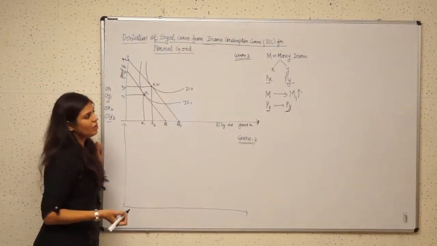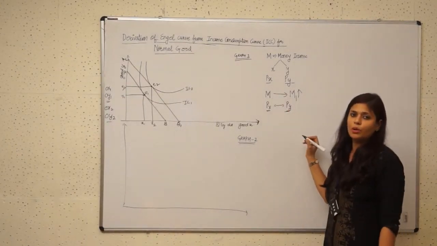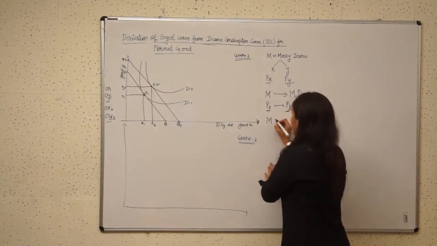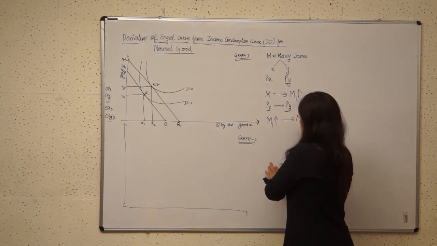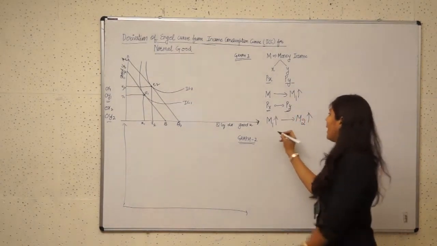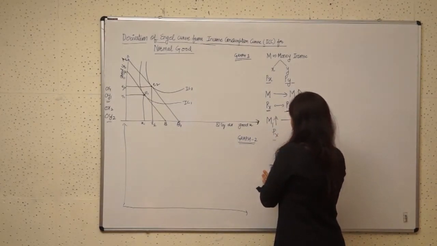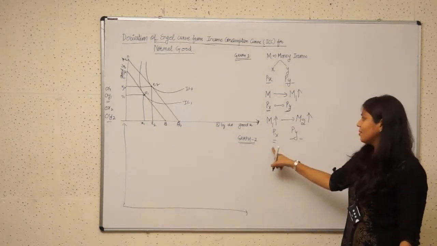Once again we assume that there is an increase in the money income of the consumer. The money income has again gone up from M1 to M2. Again the prices of goods X and Y have remained unchanged as Px and Py.